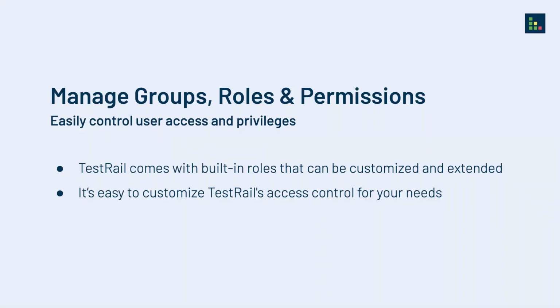All right, so without further ado, let's get into our first topic, managing groups and roles and permissions inside of TestRail. TestRail's permissions and role systems allow you to configure and restrict the project access and the permissions for your individual users and for any groups that you might want to assign or create for them inside of TestRail.